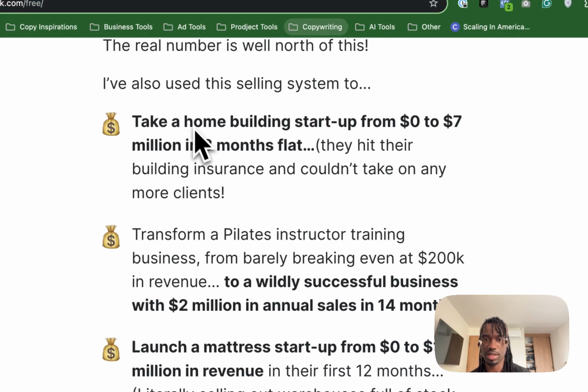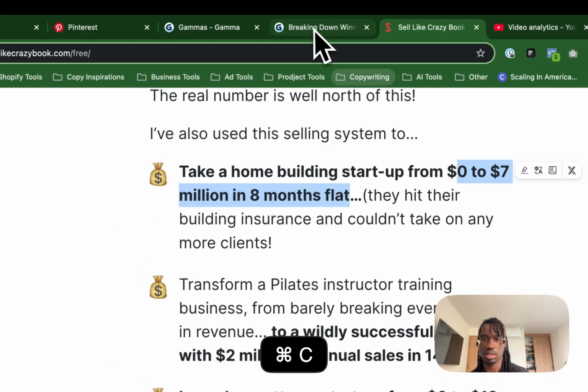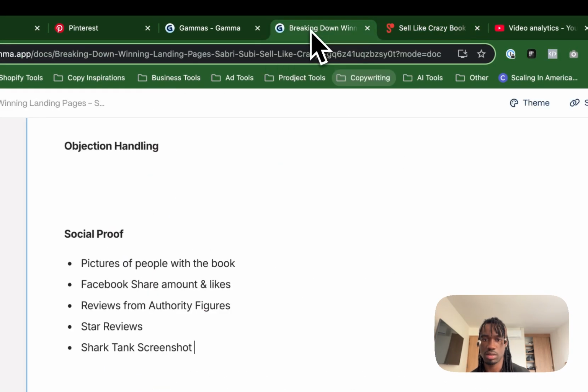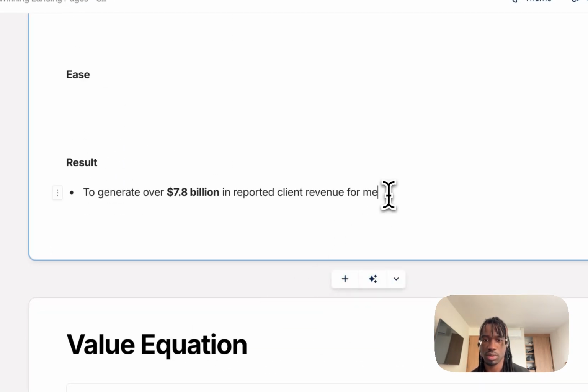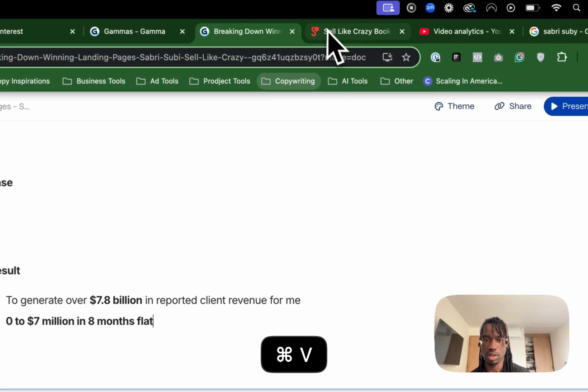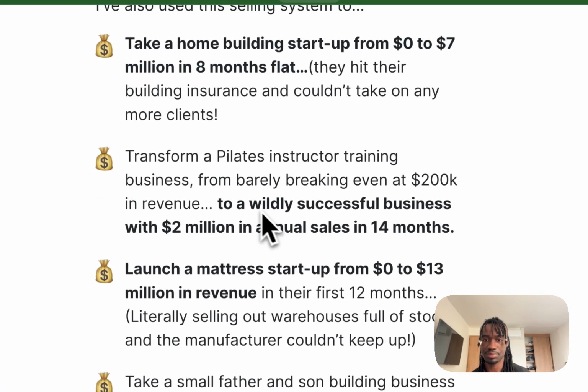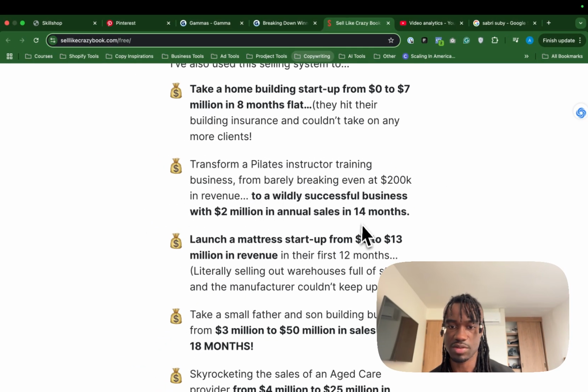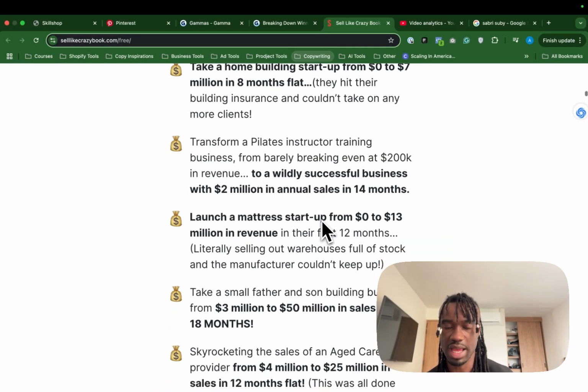Right, used selling to build a home startup from 0 to 7 million in 8 months. He's just talking about the results that he's got. Pilates instructor, barely making 200K in revenue to a wildly successful business in 18 months.